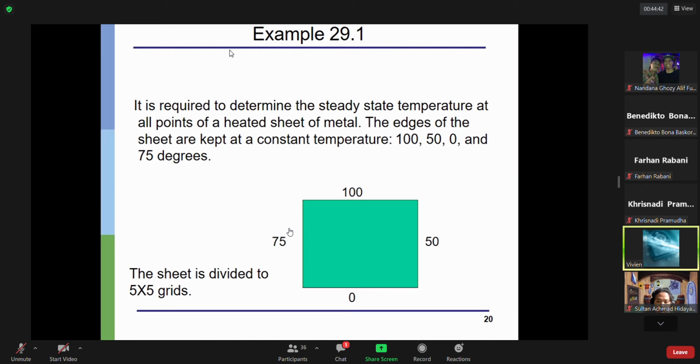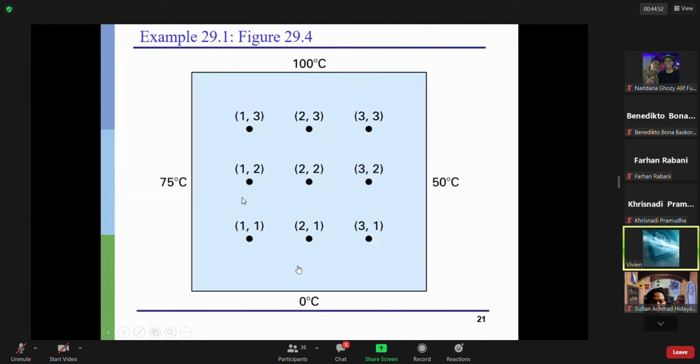Okay, so here we want to discretize the domain, so the sheet is divided into 5 by 5 grids. If we divide it into 5 by 5, it means that we have 1, 2, 3, 4, 5 nodes in the x direction, and in the y direction as well, 1, 2, 3, 4, 5.